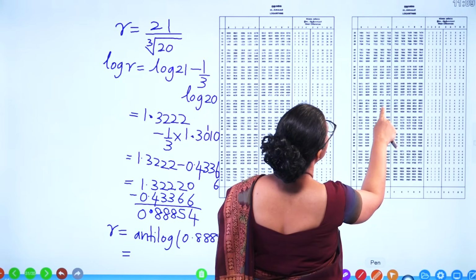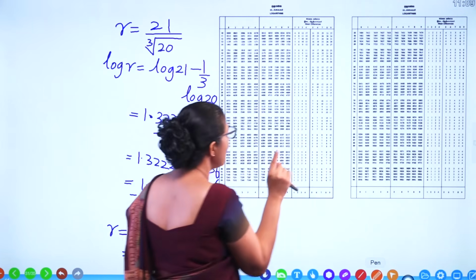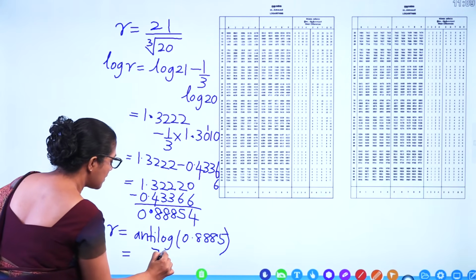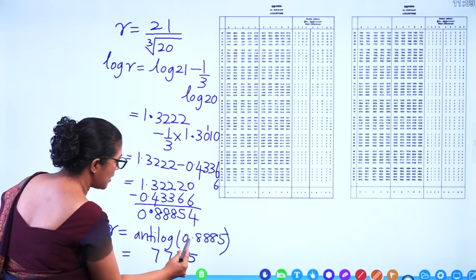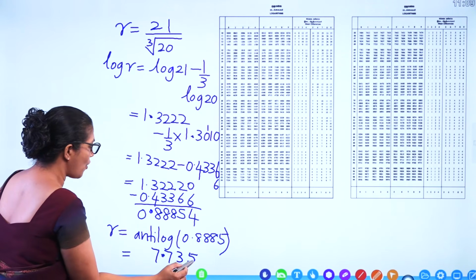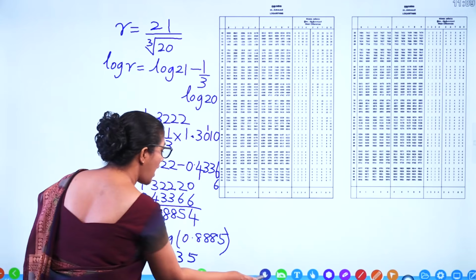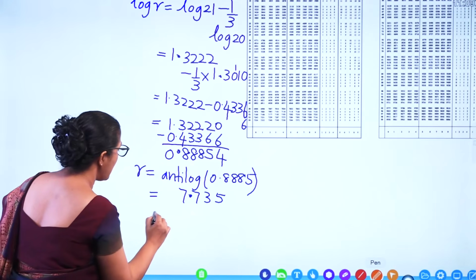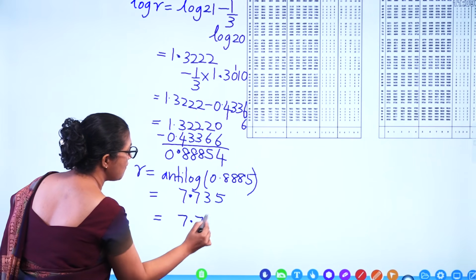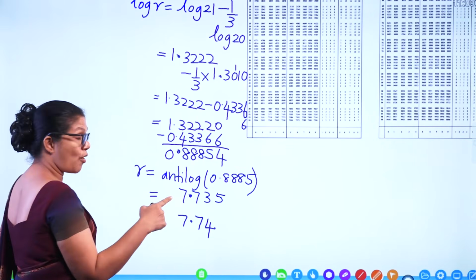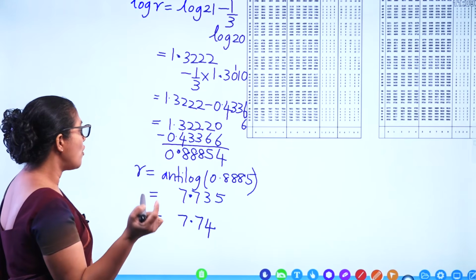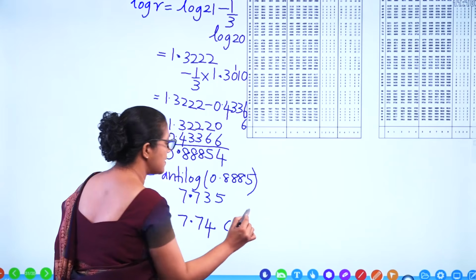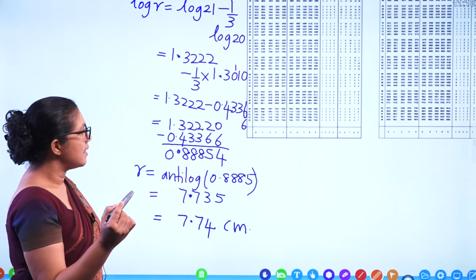That's 5. 77, 3, 5. So here this is 0 point, so this is 7.73. Now you have to write this answer correct to 2 decimal places. So what's the final answer? 7.74, because you have to round up, because 5 or more you have to add 1. So 7.74 centimeters is the radius of the cylinder.